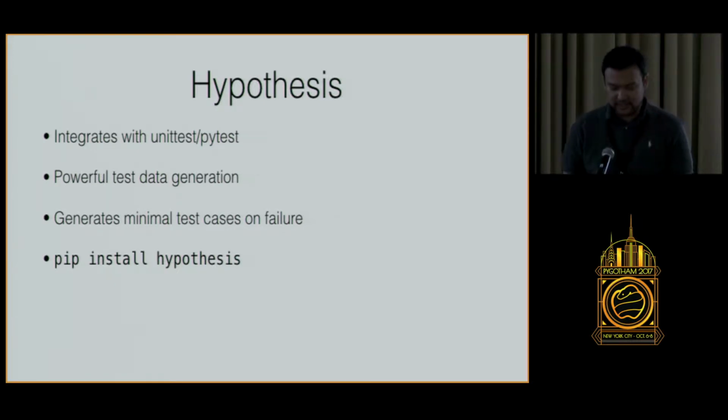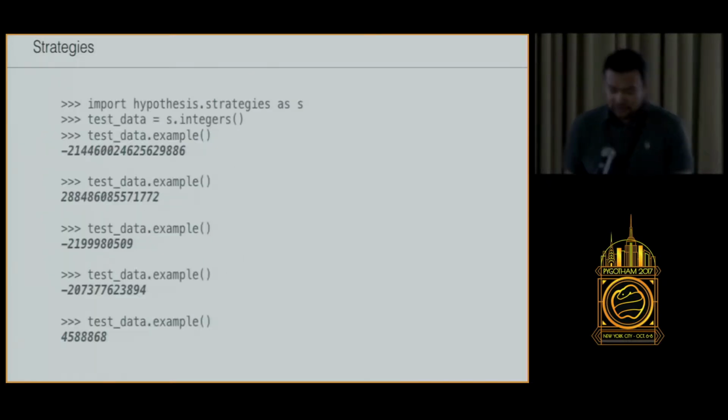And the other nice thing about Hypothesis is that it has a lot of powerful test data generation. So in our example previously, we just need integers, but this is a really powerful system to combine a lot of advanced input test data. You can create arbitrarily nested JSON data, a lot of cool stuff.